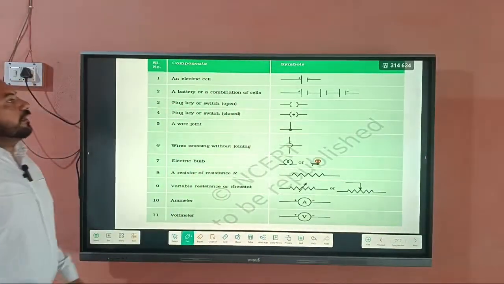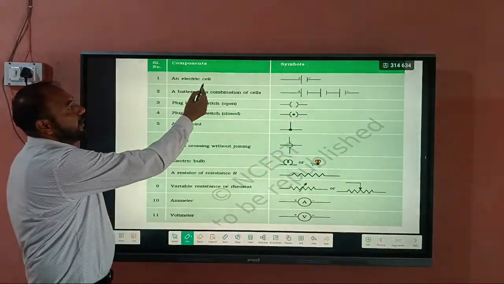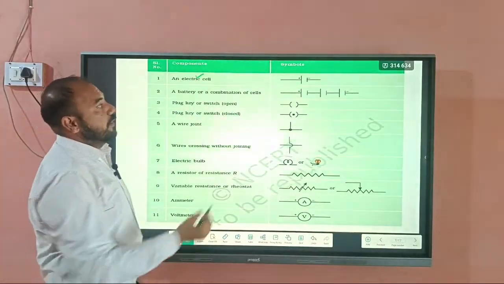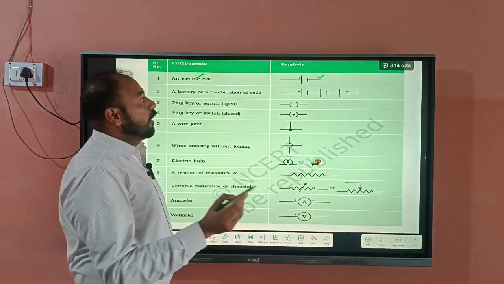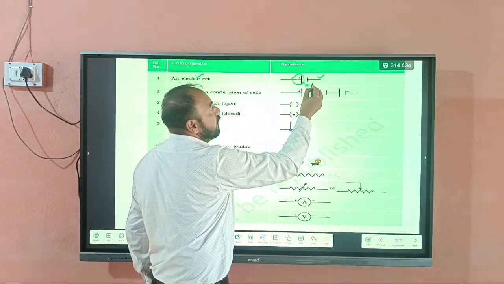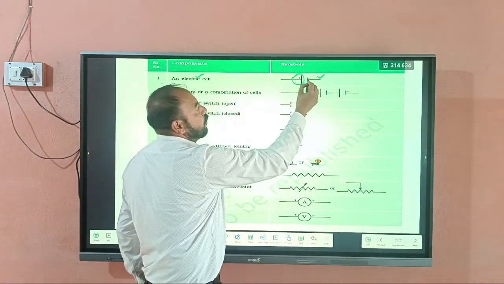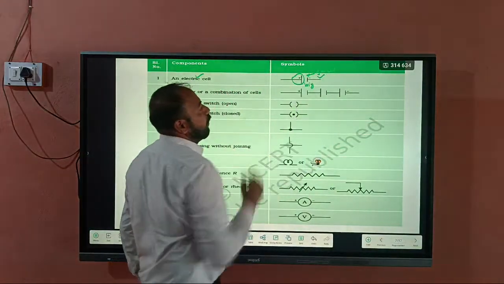In the next slide, these are the different circuit symbols. This is the symbol of an electric cell. An electric cell consists of two terminals. The big terminal is known as positive and the small one is negative.